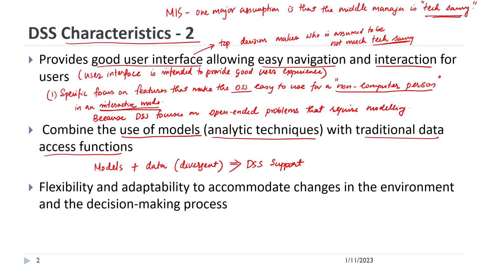Okay. Now, the main aspects of the DSS characteristic are flexibility and adaptability. It should be flexible enough to accommodate different decision making styles, and it should adapt to the style of the decision making to accommodate changes in the environment and the decision making process. Okay.